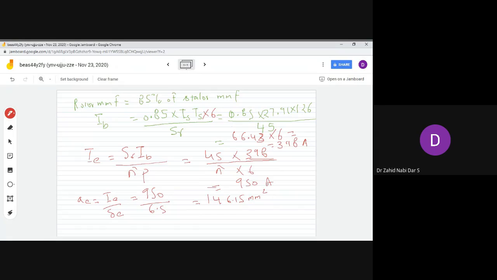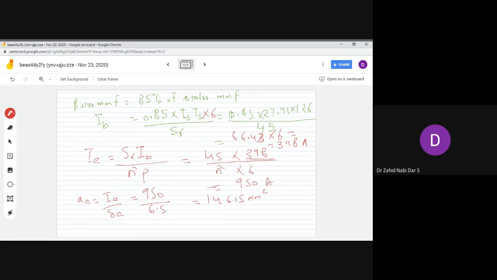Now this is not the only loss happening in the bar; you have to calculate the total copper loss. The other loss would be happening in the end ring. So the end ring you have on top and on bottom, so for the end ring the loss would be twice. So 2 times IE square, and the same thing, rho L by A. The area of the end ring you have calculated.